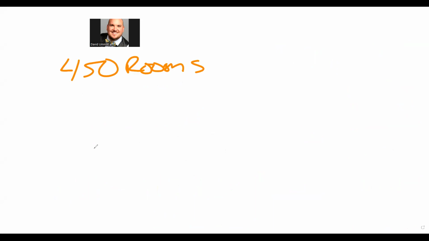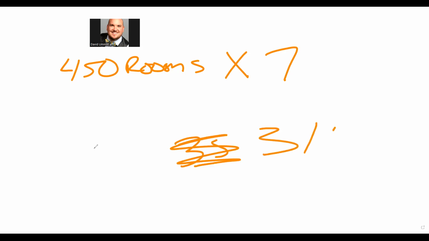Monday through Sunday, those were the days, and that's how many we sold out of that 450 for each day. So 450 times 7, 3,150. We all agree? That is what we're going to use for our revenue per available rooms.